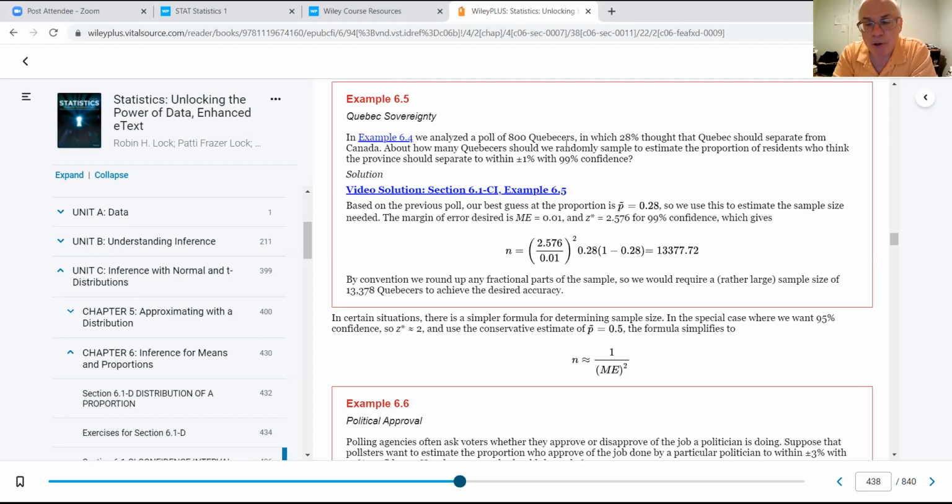We surveyed 800 of them, and 28% was the sample p hat, the sample proportion. So we could use that as our estimate of p hat in this formula. So 2.576, that's our inverse normal, and that's for a 99% confidence interval. We just did something like that. Let's actually go back and share the calculator again.